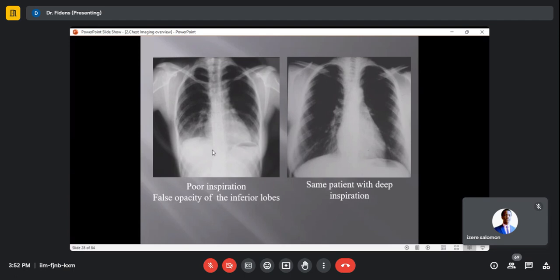Penetration is done by kVp, kilovolt peak, not milliampere per second, mAs. Milliampere per second increases the number of X-rays, but kilovolt increases the intensity, the power of X-rays. So the penetration is seen by checking the spine, the bones.